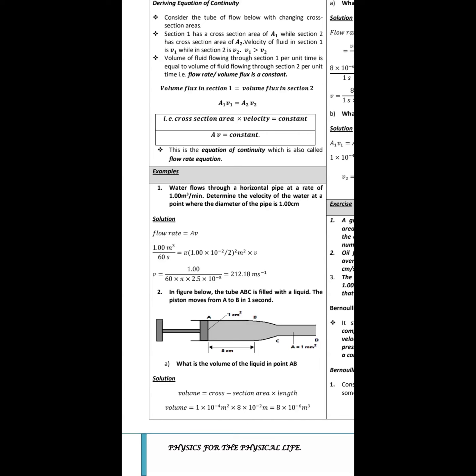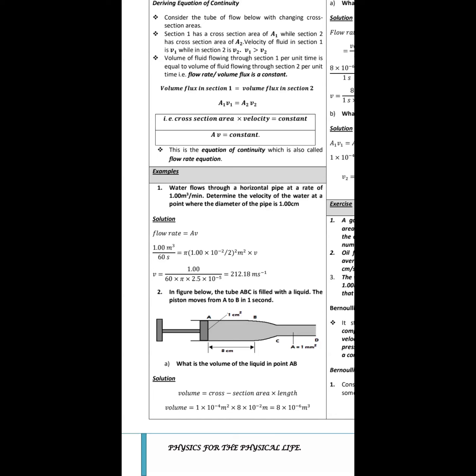So we use the two formulas of flow rate. Flow rate can be volume over time. Remember, volume over time is what helped us derive the other formula of flow rate, cross-sectional area multiplied by velocity. For volume over time, we already have the volume in 1.